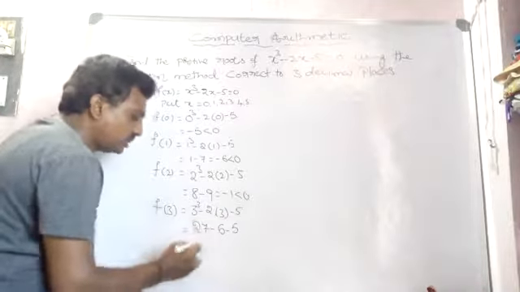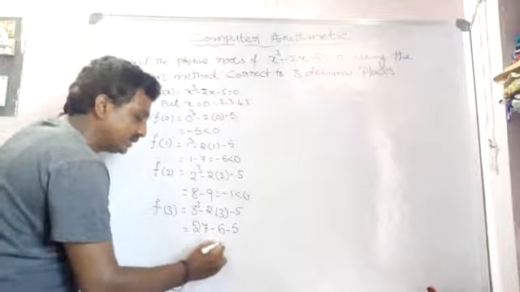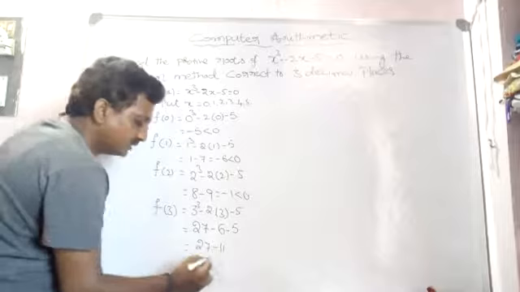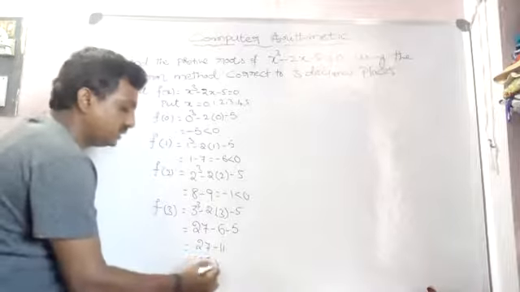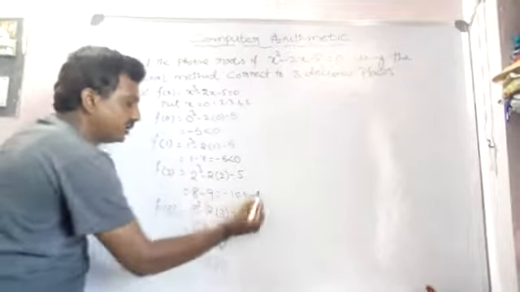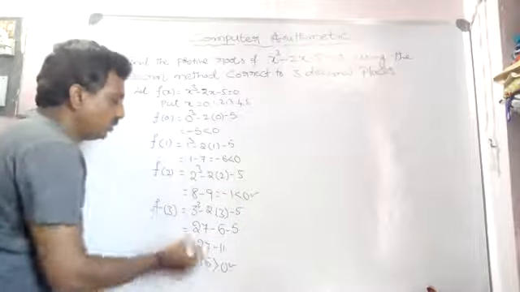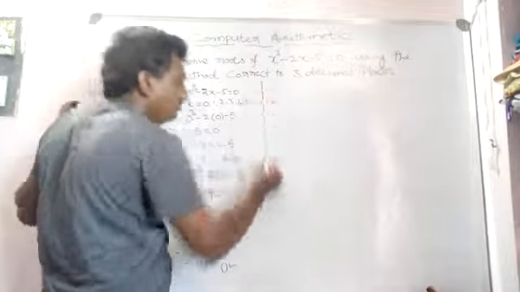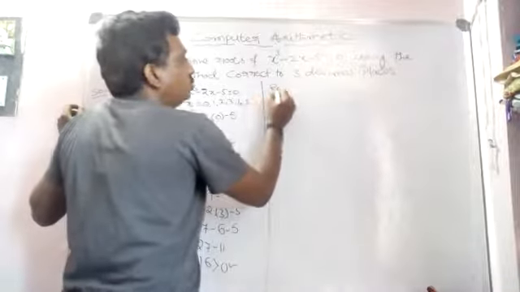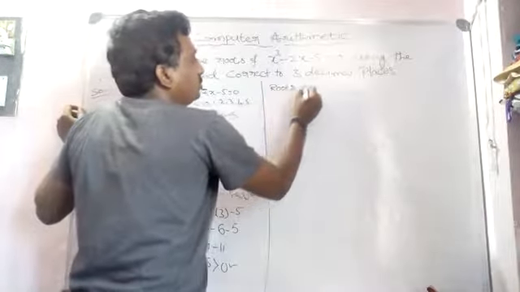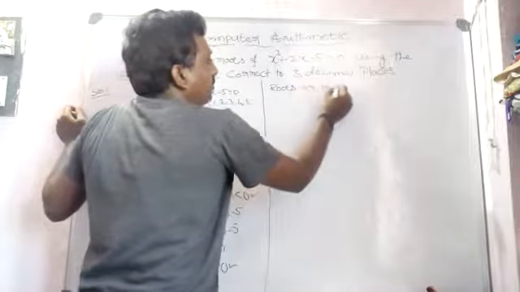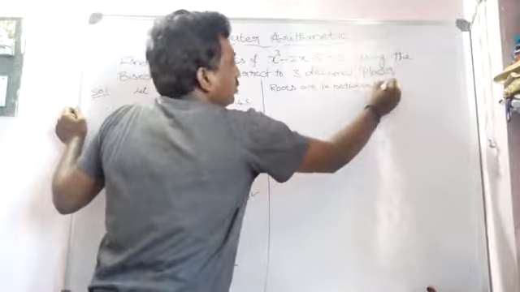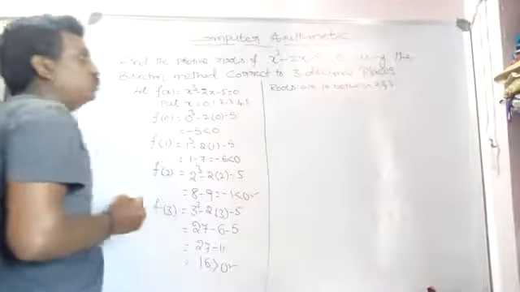Calculate this: 27 minus 11 equals 16. So it is greater than 0. Here one is negative, here is positive. So the root lies between 2 and 3.